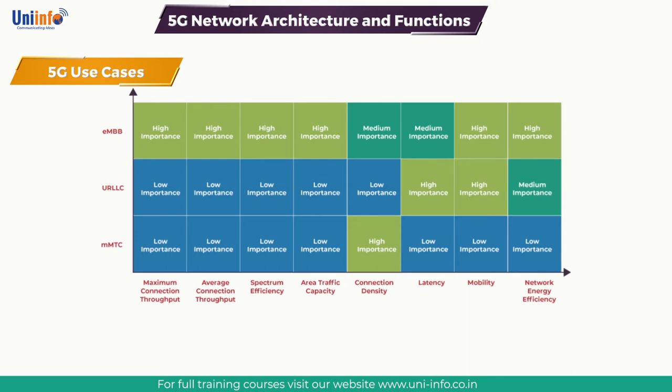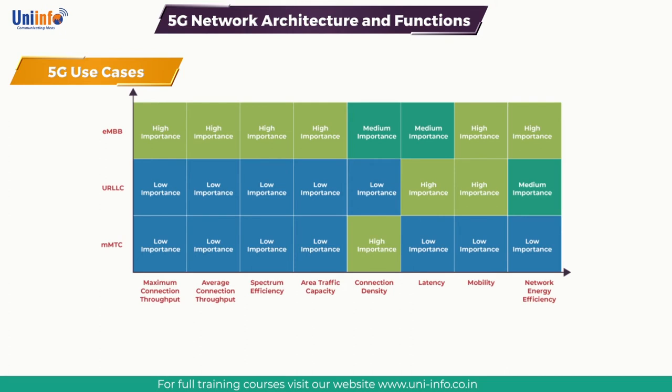The set of use cases are enhanced mobile broadband, eMBB, ultra-reliable and low latency communication, URLLC, and massive machine type communication, mMTC. 3GPP is accounting for the requirements for these use cases when standardizing 5G.